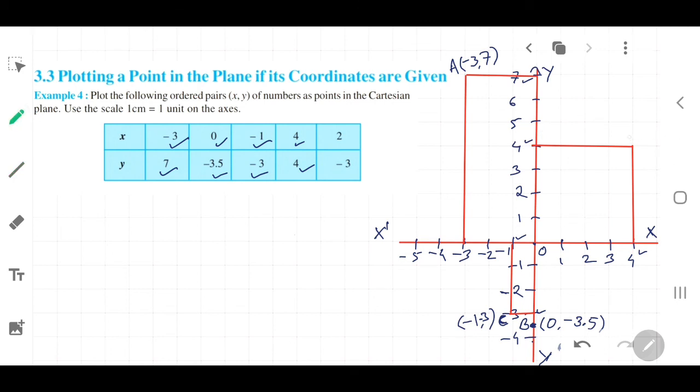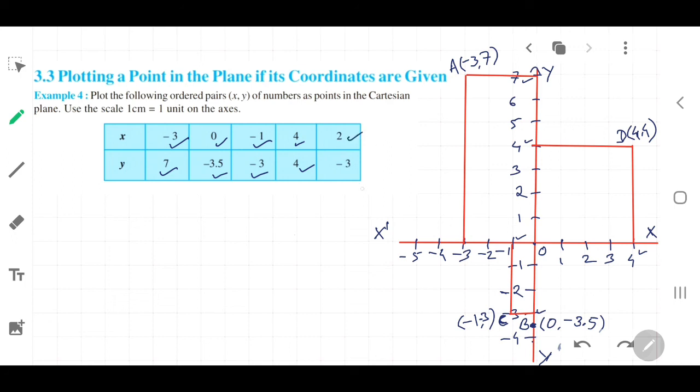Then you name it as point D. See, naming it depends on you. Any letters you can use. Correct? So write here D, and in bracket you write the values. So what is the value of x we got here? 4. Correct? And y is also 4. So both you put it inside the bracket.